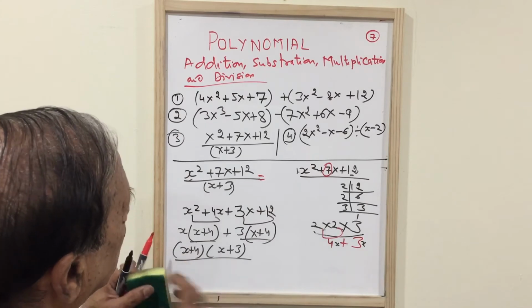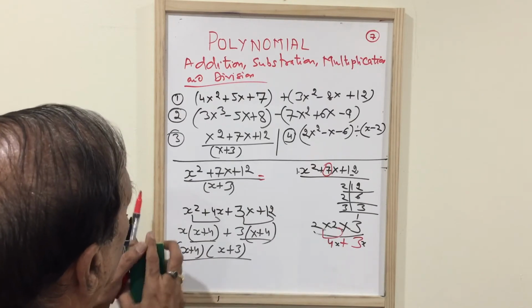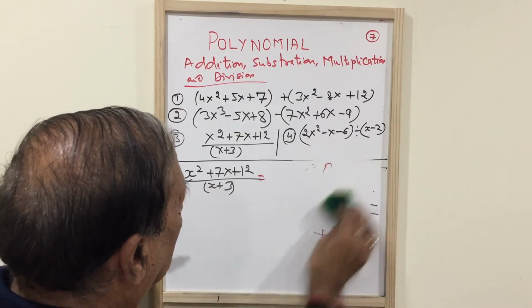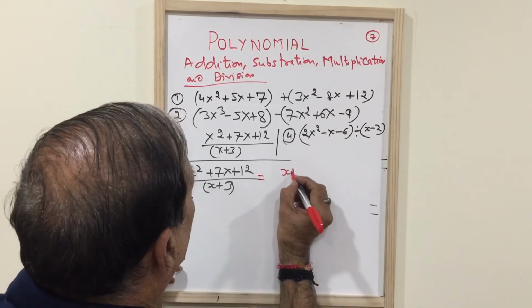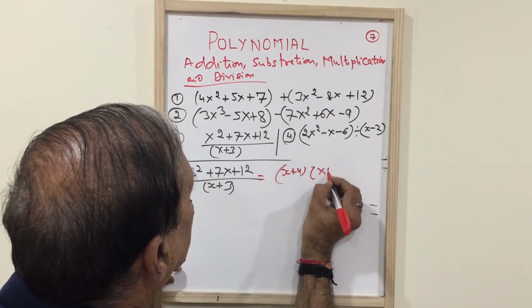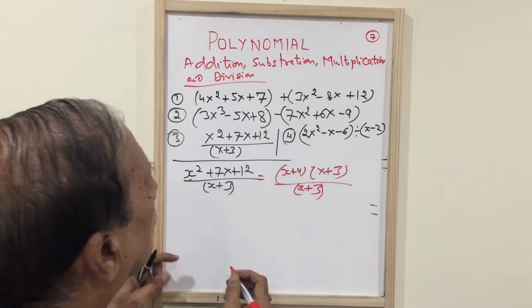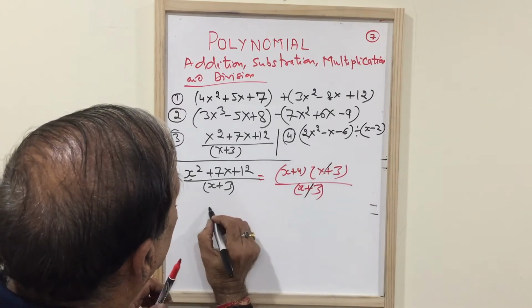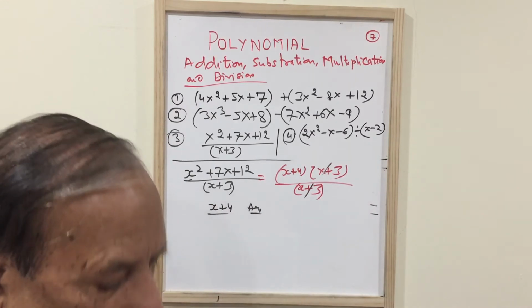That is x plus 4, x plus 3 divided by x plus 3. We will cancel out x plus 3, x plus 3. So the required answer will be x plus 4.